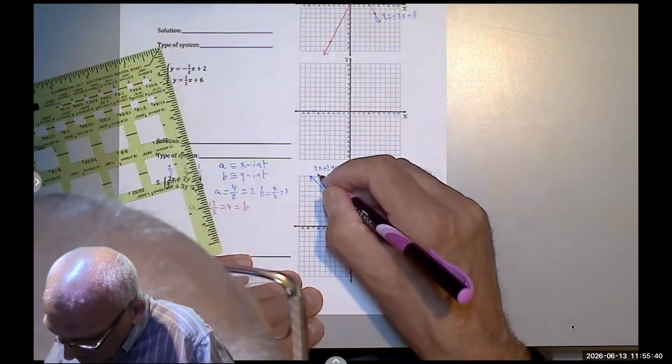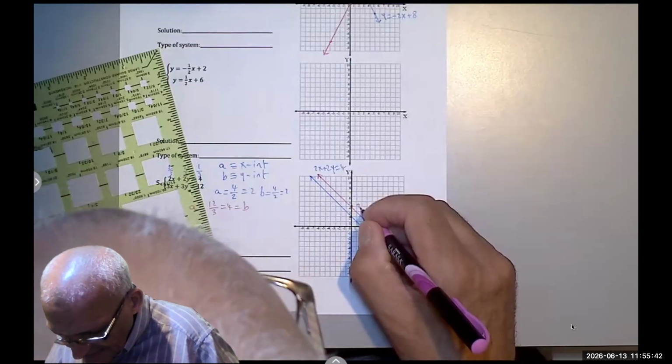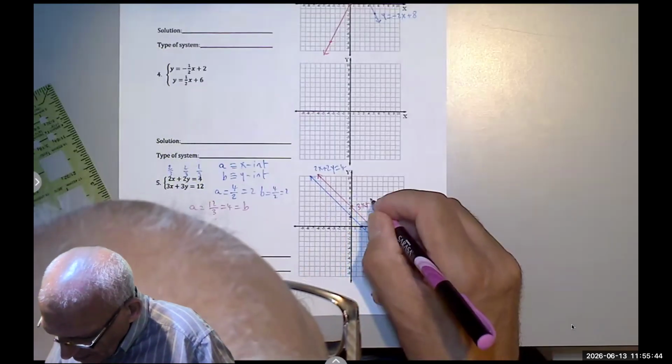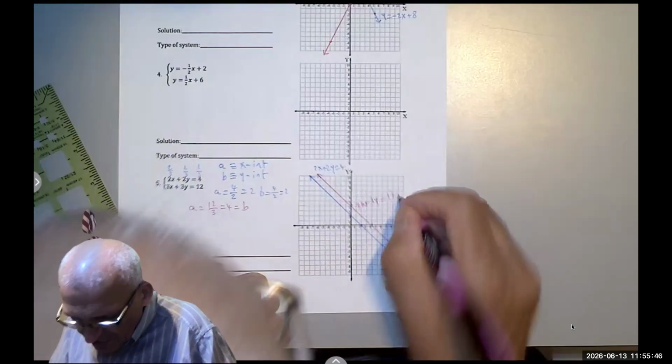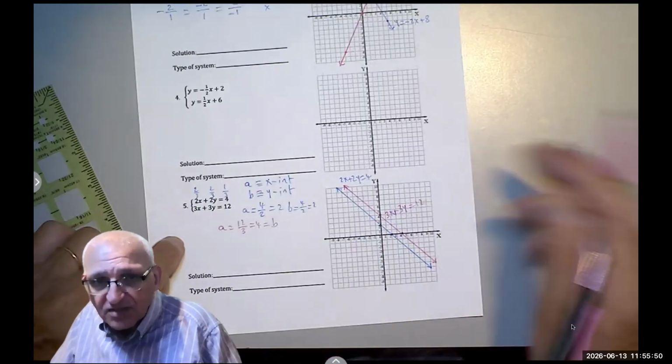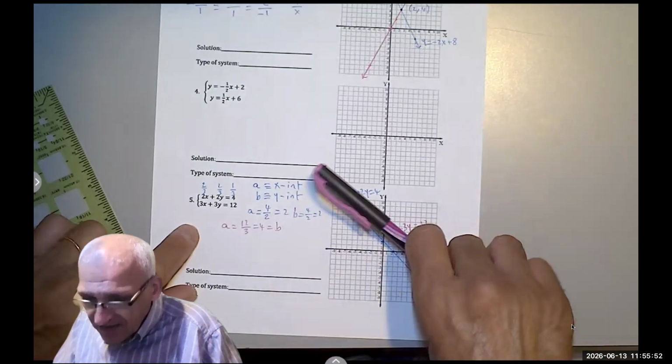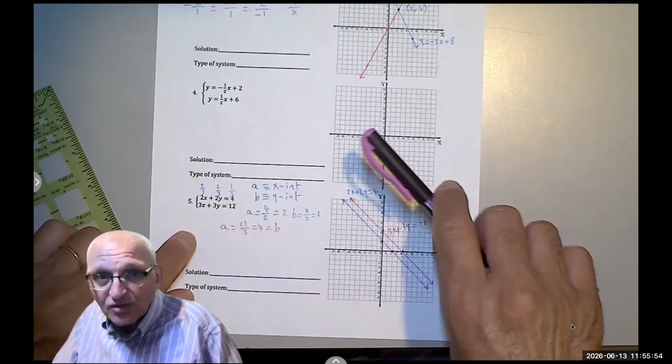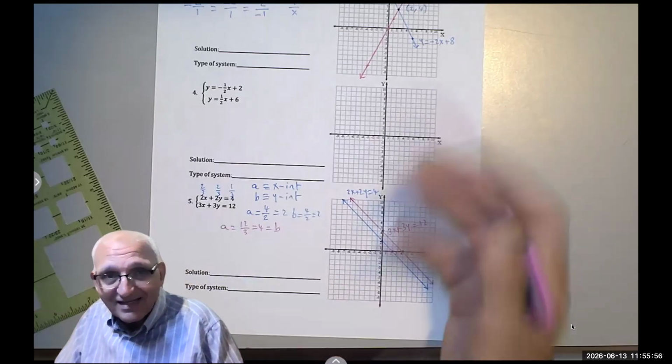But that's much faster than if I had said, let's solve this and write it in the form y equals negative x plus 2. So the slope is negative 1, the y-intercept is 2. So you have to do some work to get it in that form.